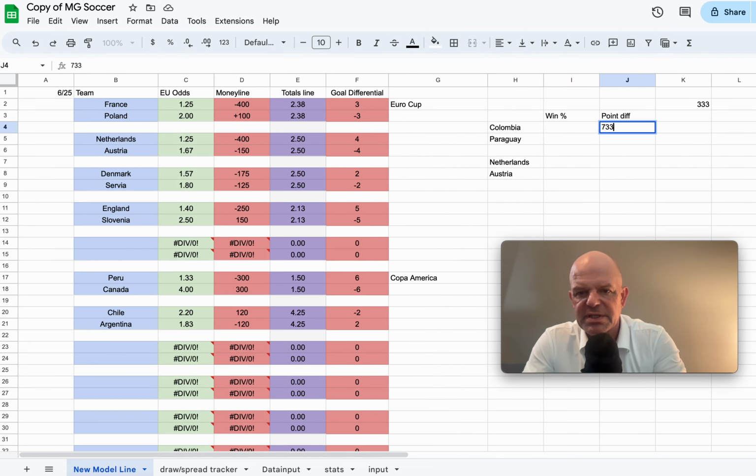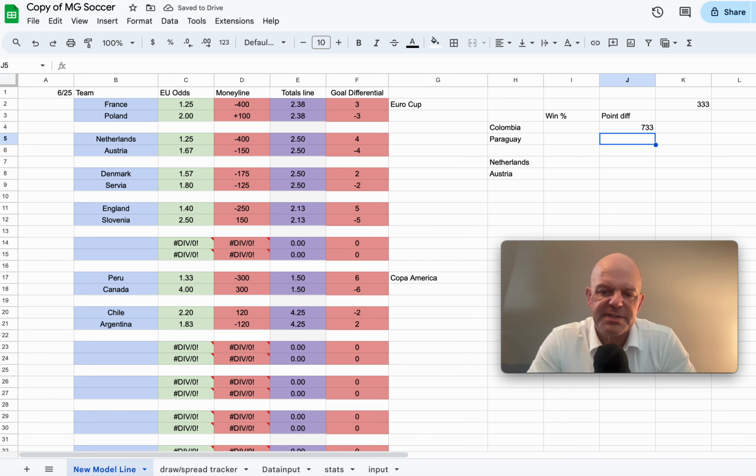Now you can show this in a percentage difference between the lines, what we call margin. But the reason I wanted to show point differential is just for the sake of this video. A lot of ways to do this, but I wanted to show you this. So the point differential between Colombia and Paraguay via my model is 733 points. So that's a significant margin.